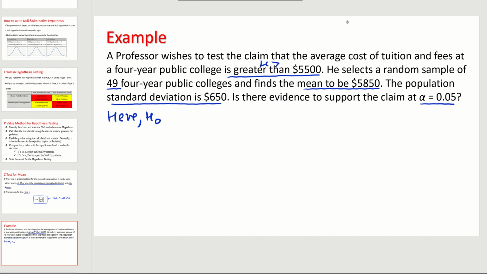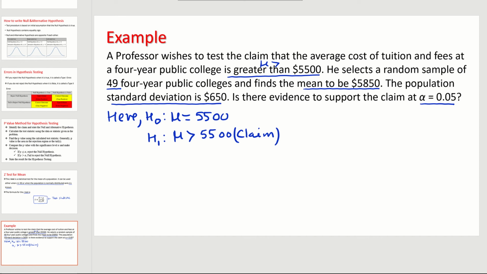So the null hypothesis will be mean equal to 5,500. And the alternate hypothesis, you can write H sub 1 or H sub A, is mean greater than 5,500. And this is the claim, because he wishes to test this claim.